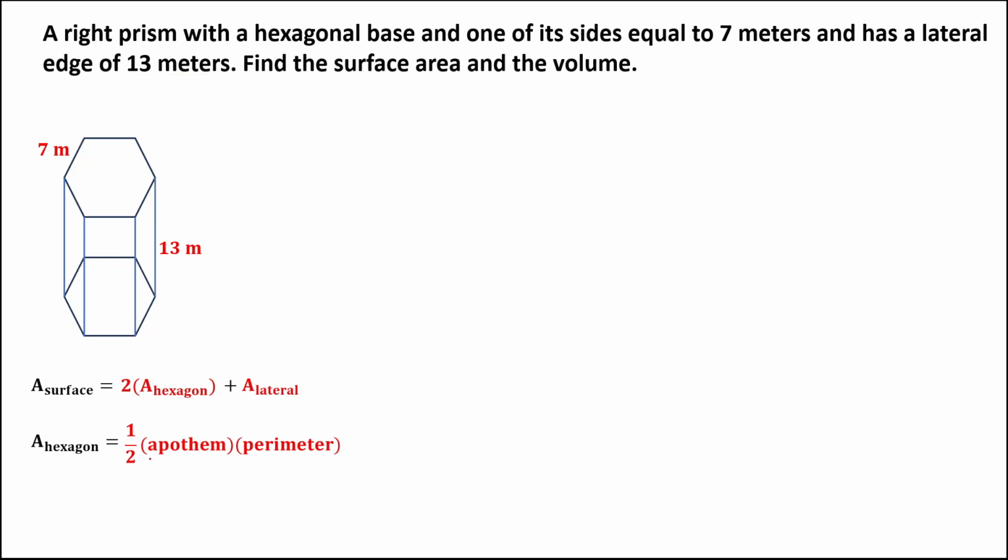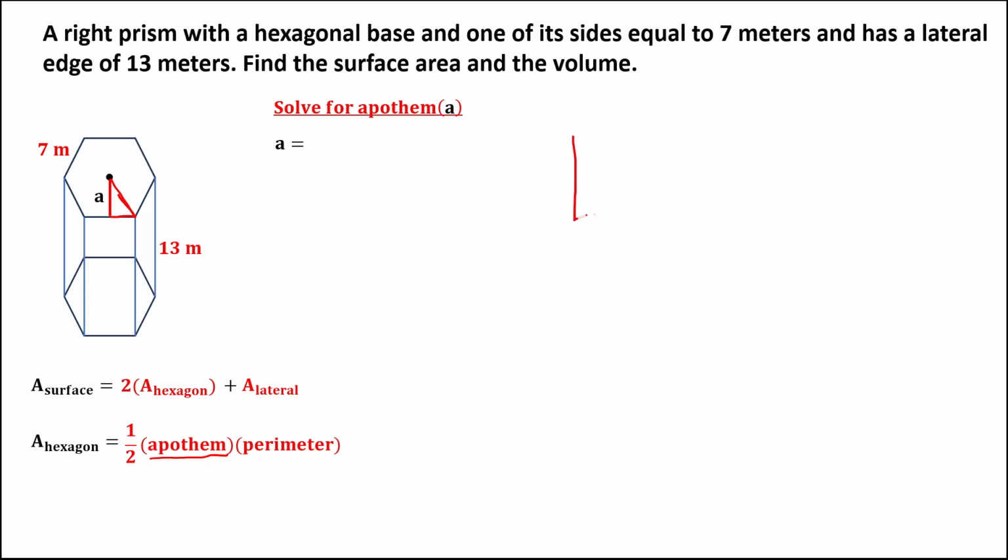So to find the apothem, from the center of the hexagon to one side of the hexagon, this is the apothem. Then to solve for the apothem, if we draw a line from the center to this edge, we're forming a right triangle.